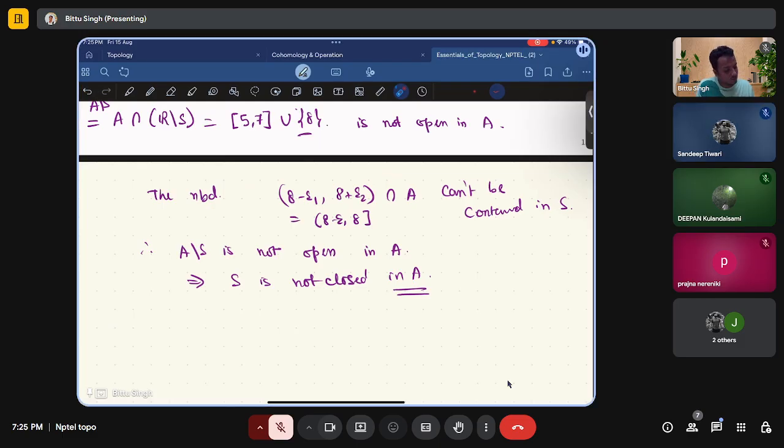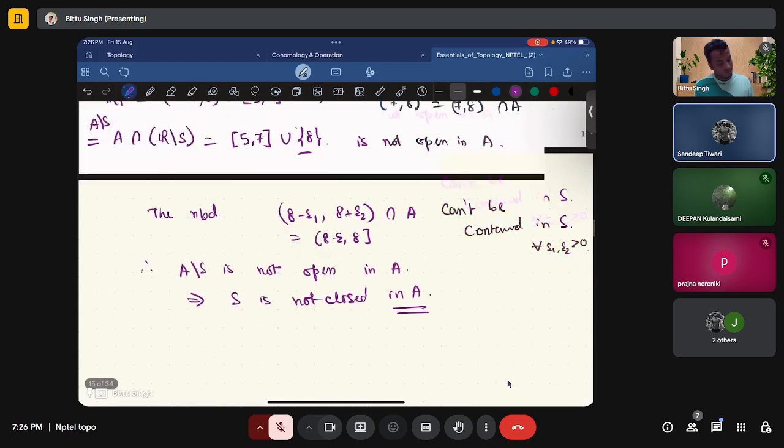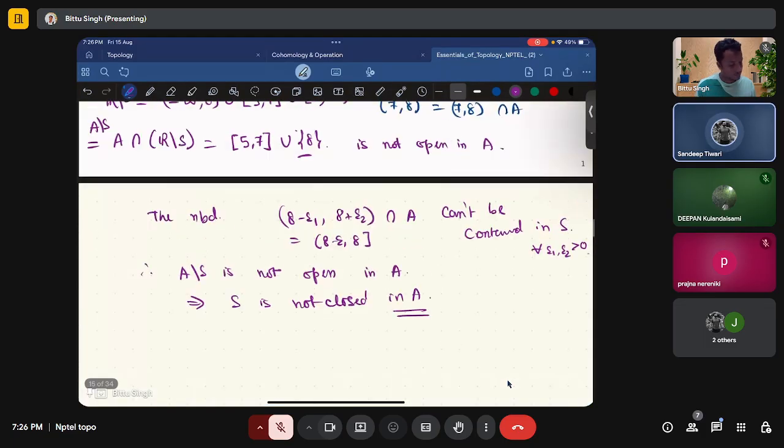That's why it is enough to check with those kind of basis elements. So this cannot be contained in S for all epsilon 1, epsilon 2 positive real numbers.